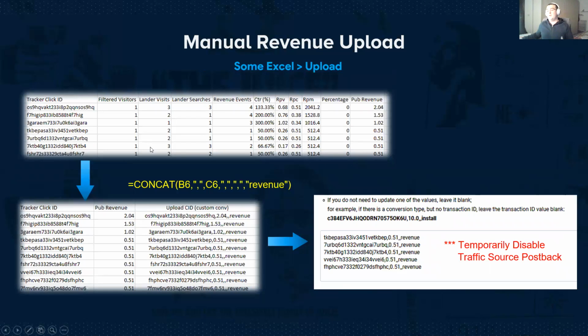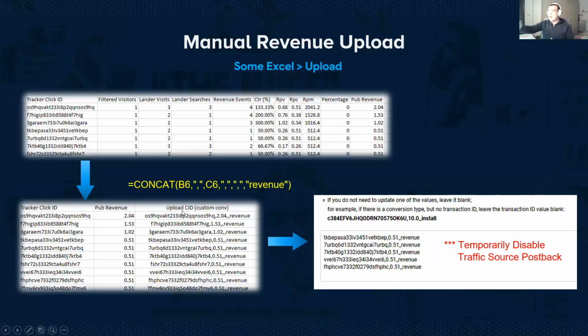So practically what we're going to do in general is download the revenue stats from the search feed provider in an Excel format, where we will have the tracker click ID, how many visitors, how many lander visits or clicks and stuff like that, as well as the revenue. What we need in this case is just the click ID of the tracker and the revenue. Then we can run some concatenate formulas to generate the total revenue.